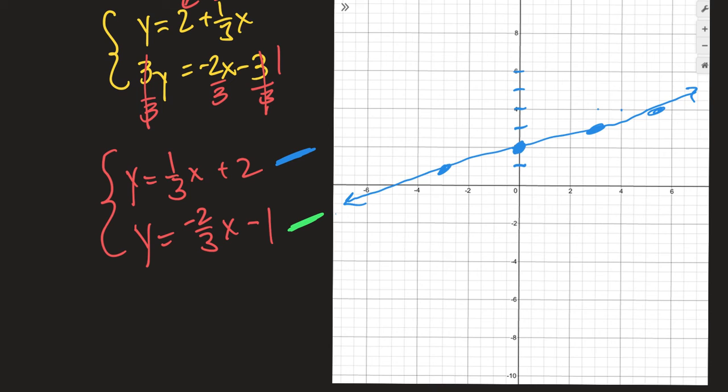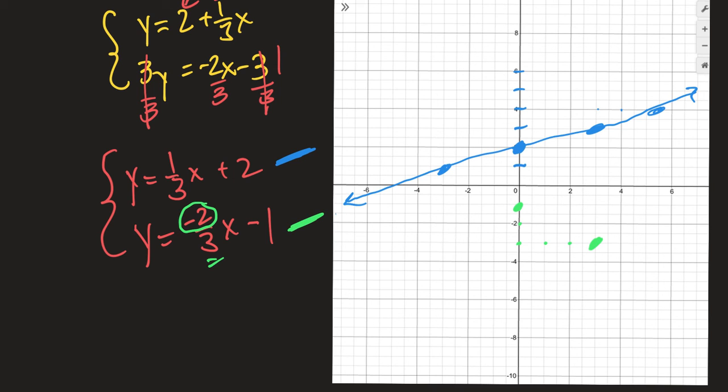Okay, back to the second line. The second line has a y-intercept of negative 1, and the slope is also negative. Typically what I tell my students is that the top number is either up or down, and the bottom one is always right. So I'm going to go down 2 and right 3. That would be here.